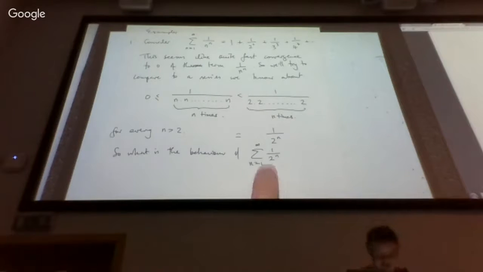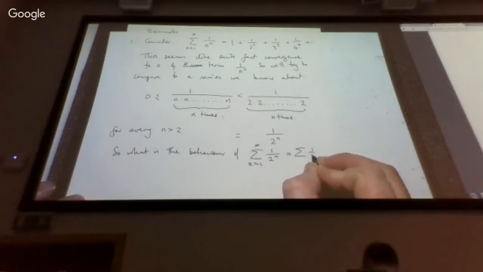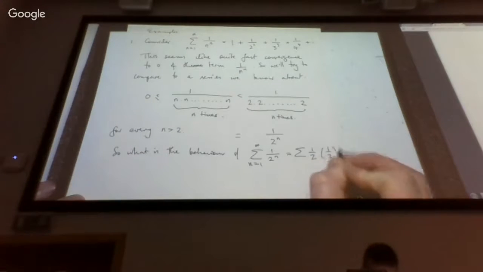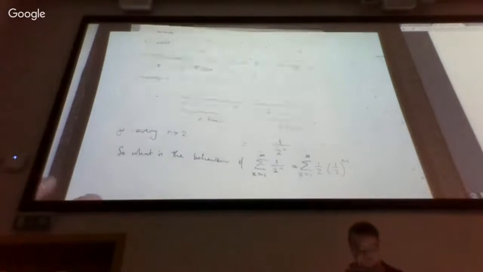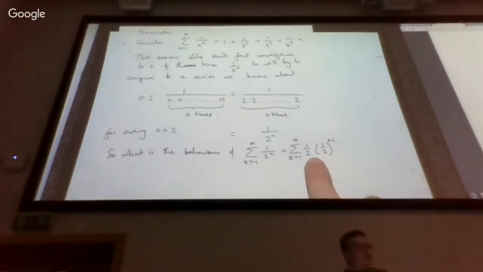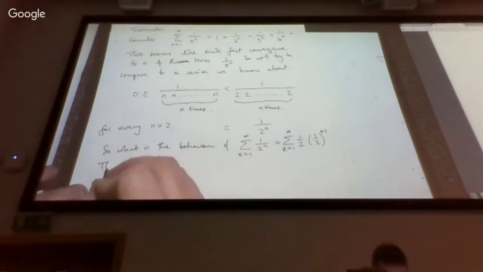Geometric. Yeah, this is an example of a geometric series, which the way we wrote it out, we wrote it like this. This has initial term a half, and then common ratio of a half as well. This is a geometric series.